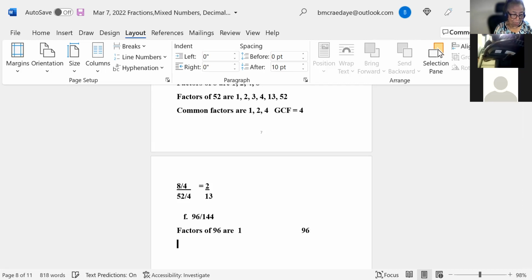And then you're going to do the same for 144, the factors of 144. You'll start with 1 and you'll end with 144, and then put the ones in between. So list your factors between 1 and 96, and also your factors between 1 and 144.